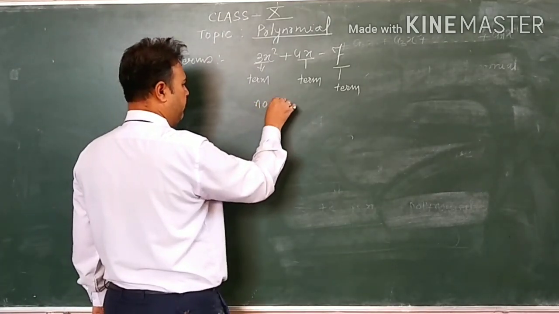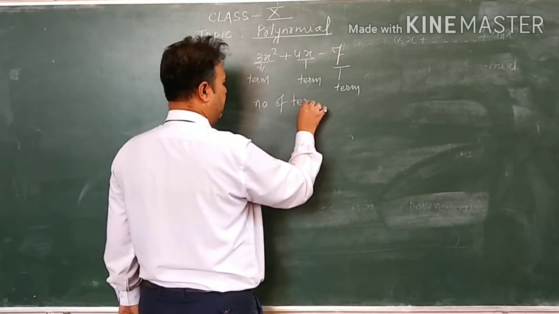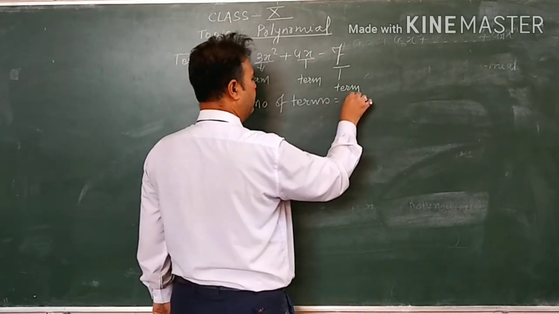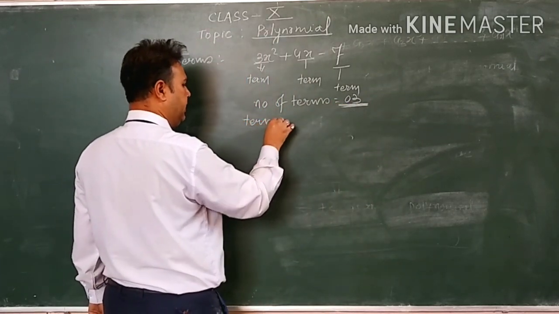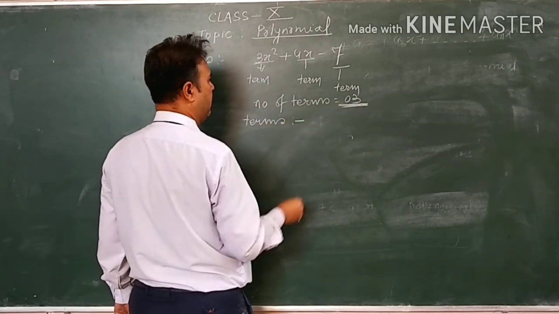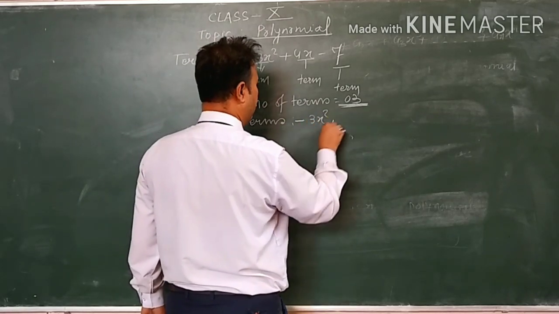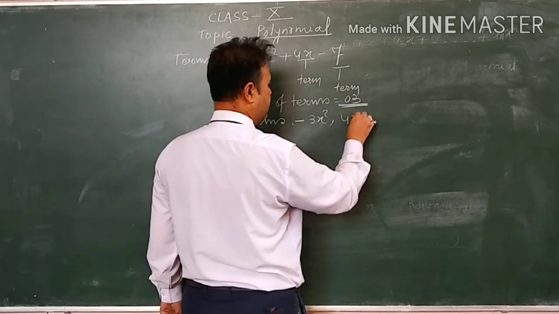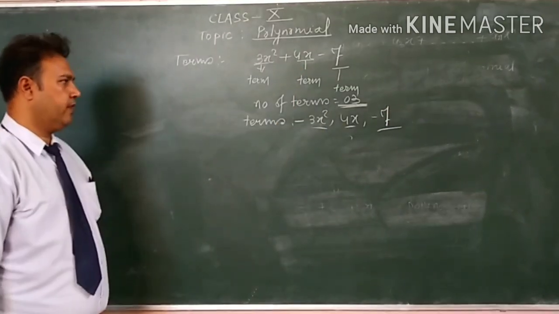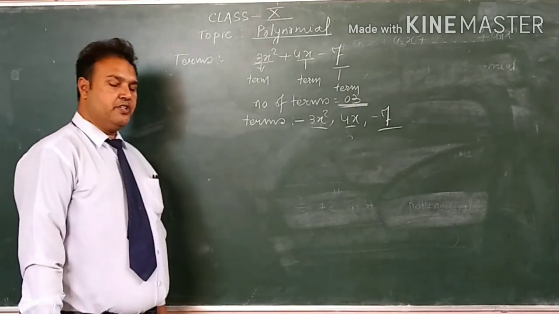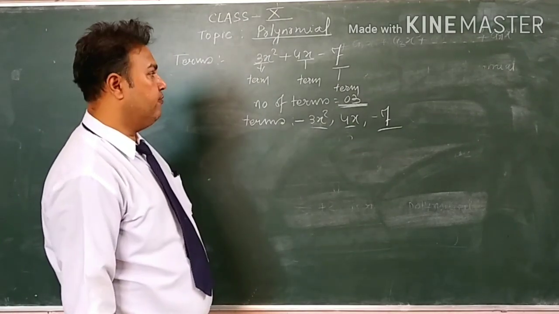The number of terms is equal to 3. And the terms are 3x squared, 4x, and minus 7. These 3 are terms. Clear? Now, on the basis of terms, types of polynomial.